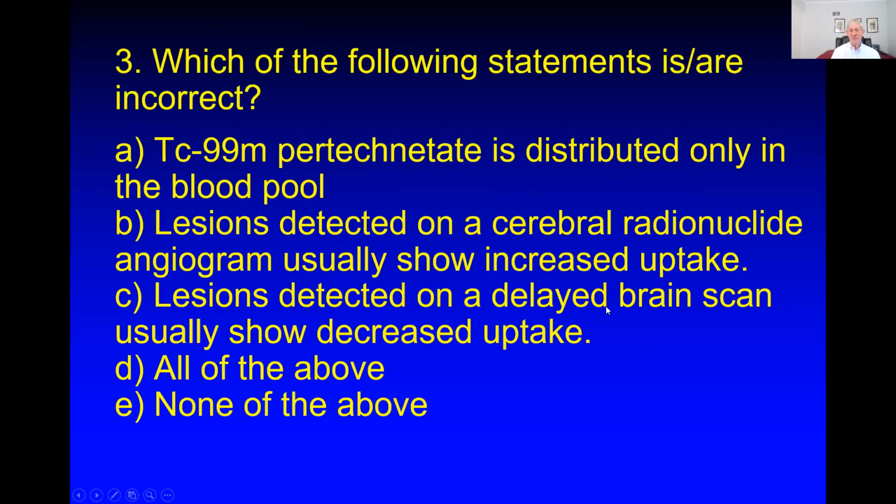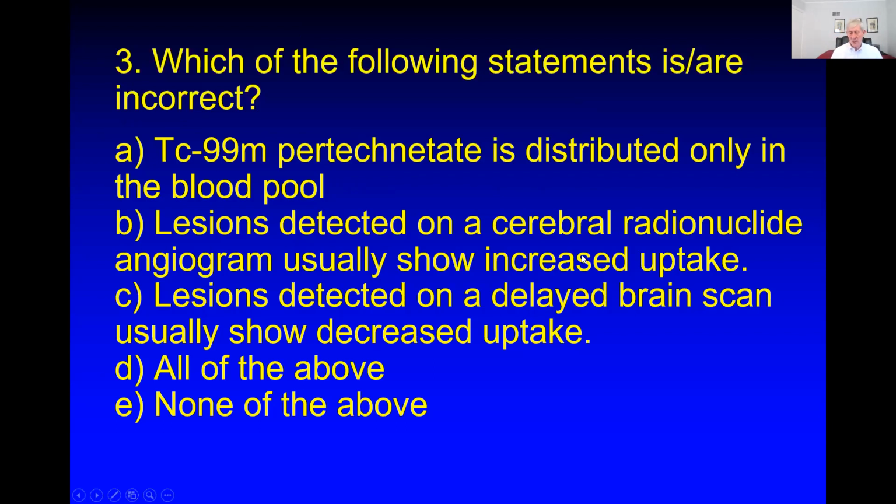Okay. Which of the following statements are incorrect? Let's just go down the list. Pertechnetate is distributed only in the blood pool. True or false? That is totally false. There are 4 places where pertechnetate goes. Remember, choroid plexus, salivary glands, thyroid, gastric mucosa.